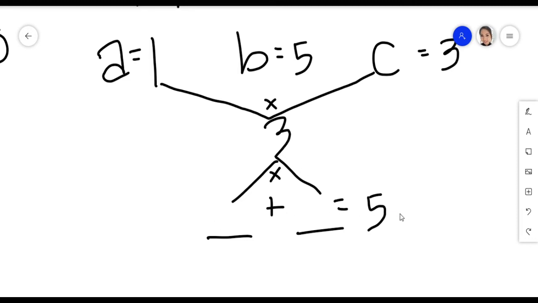Now, the factors of 3 are 1 and 3 only, or negative 1 and negative 3. But if we add them, it will never result to 5.